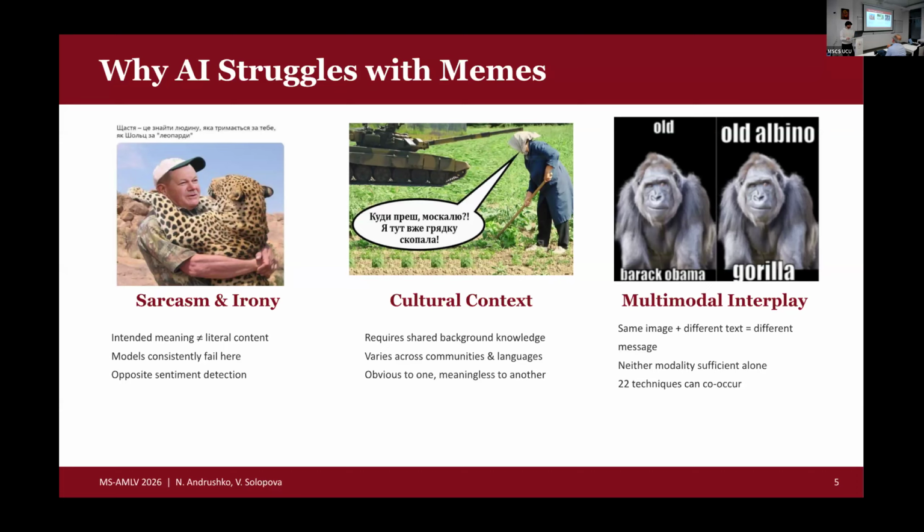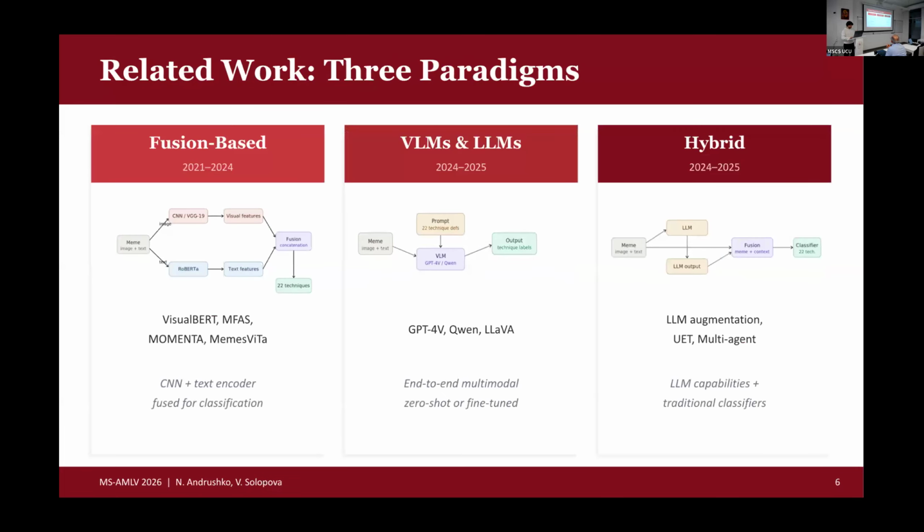And then we have multimodal interplay. We might have the same image with different text and a different result. This is quite important because neither modality is sufficient to detect all of the techniques. Let's move to the approaches that we have nowadays.